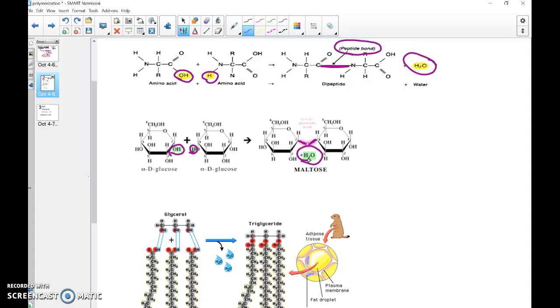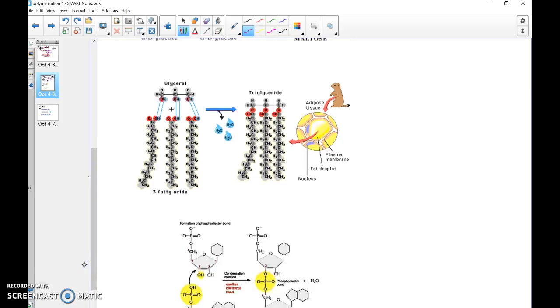And here you have a disaccharide, and you could do this in just long chains for starch, or you can do this in a branching chain for glycogen. There's a lot of different ways that you can do this, but either way, you're going to have this connection here centered around an oxygen. Okay? And the result is a water coming out.